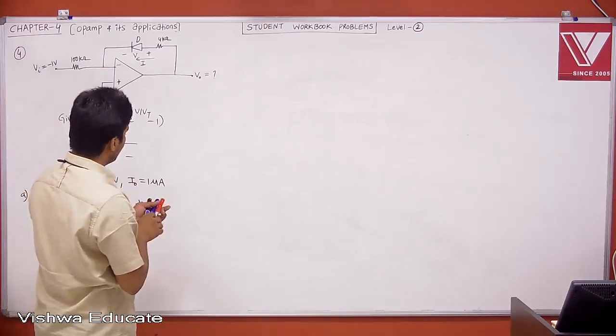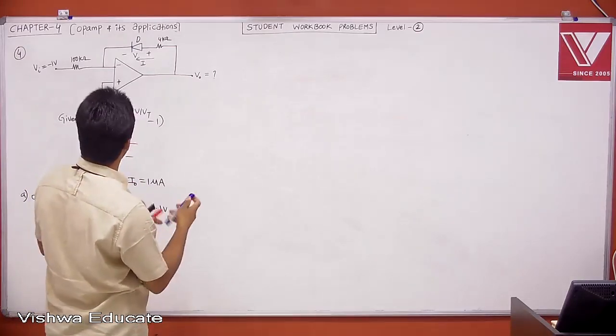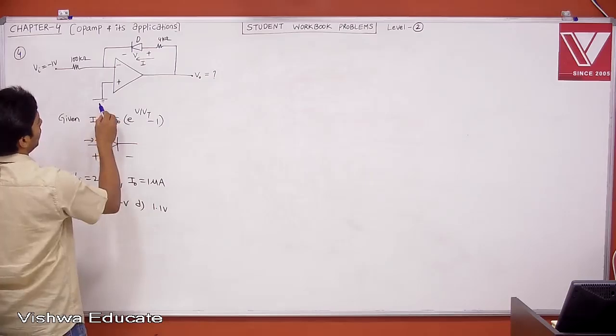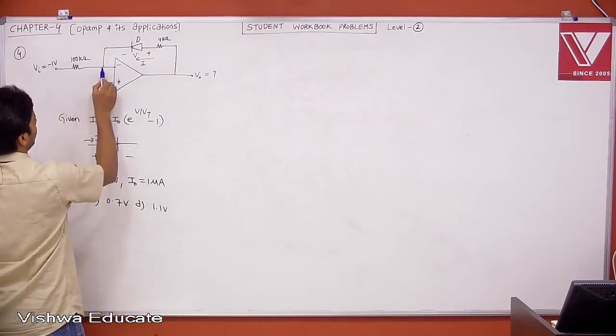Now, apply nodal analysis. Because the virtual ground concept is valid when Vi is negative, the voltage at this node is 0 volt.